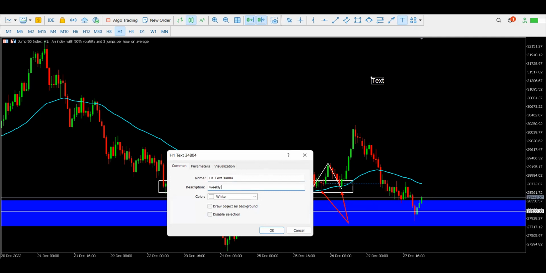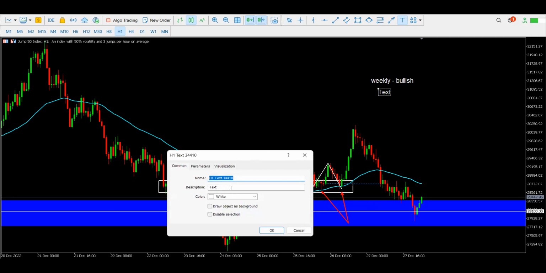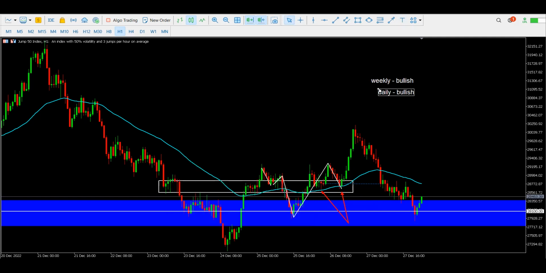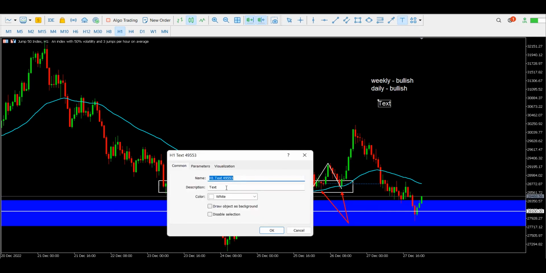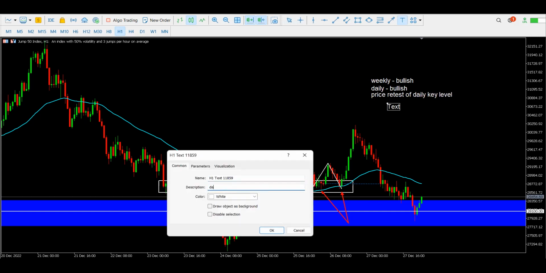With the weekly time frame bullish, and then the daily time frame also bullish, we had clearly identified price retests of daily key levels. Also, we had daily double bottoms.